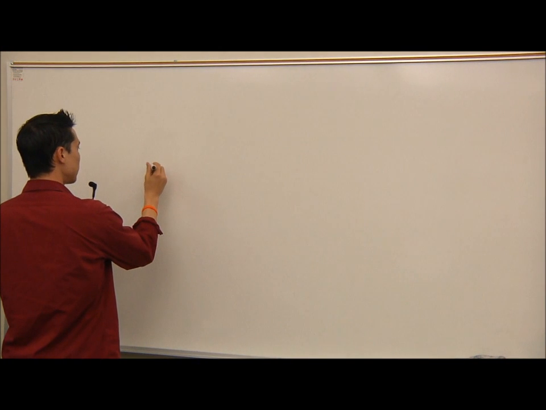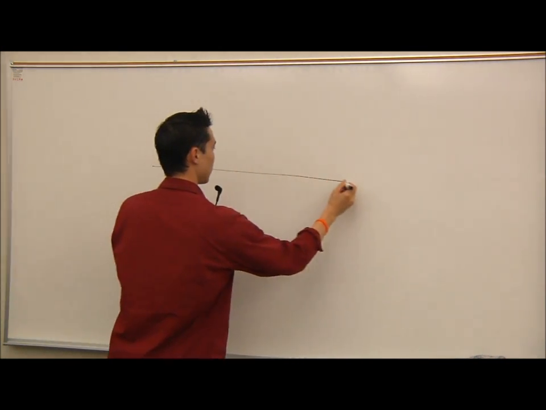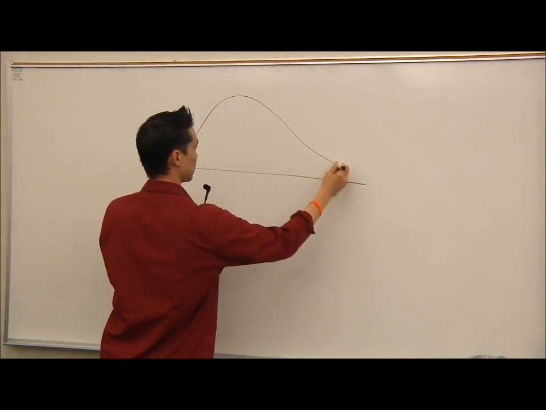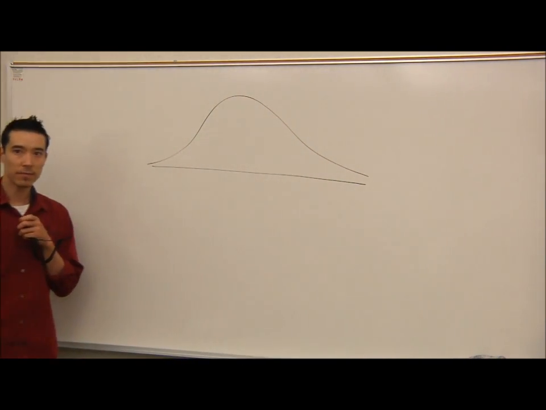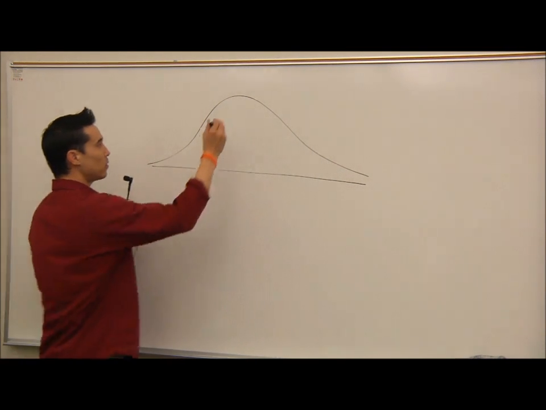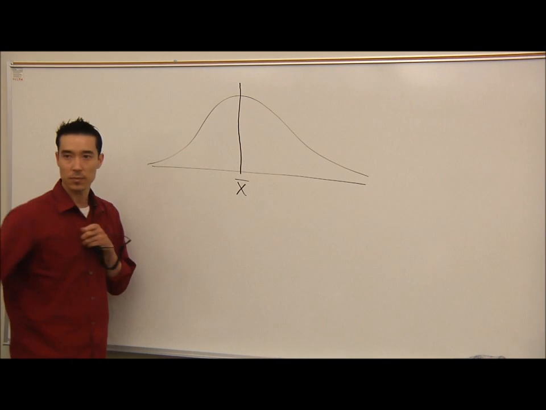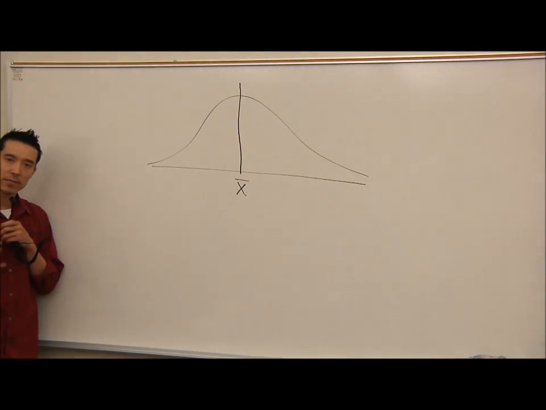If you have a normal distribution, bell-shaped distribution, it looks roughly like this. Okay? And a couple of things. In the very middle of a normal distribution, you have x bar, which is your mean. So your mean falls right in the middle.